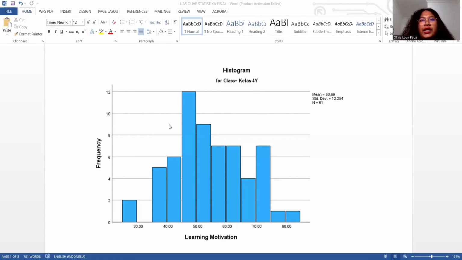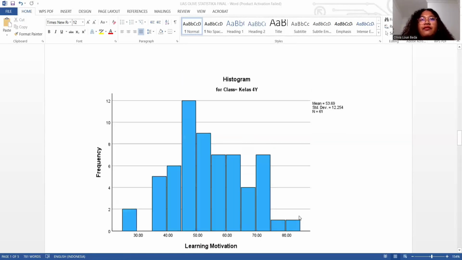We call this pattern positively skewed. It has a little bit of a gap, but this histogram is still normally distributed.